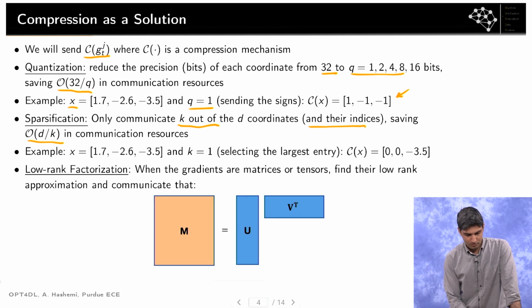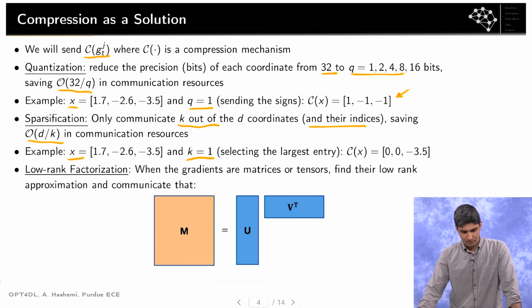So let's go back to our example, see this sparsification idea in action. Let's again imagine that I have this vector x that I want to compress, but now instead of quantization, I want to use a sparsification, such that k is equal to 1. So that basically means that I can only send one out of these three coordinates.